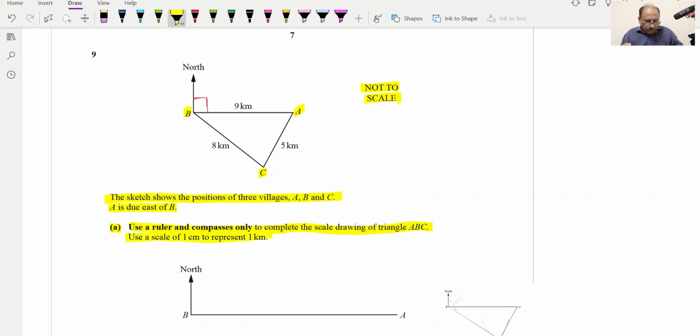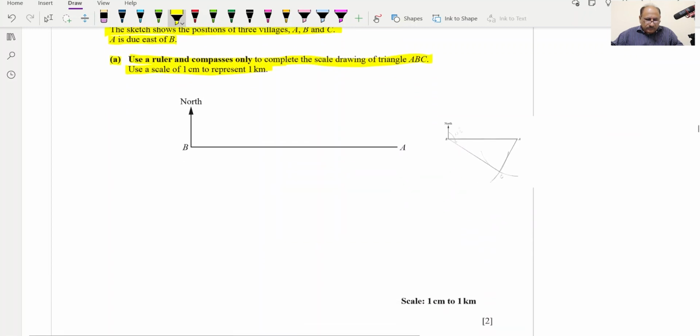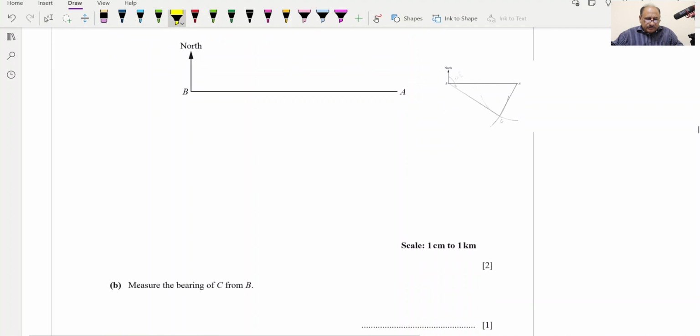Use a scale of 1 centimeter to represent 1 kilometer. Now this is basically the enlarged drawing which I'm working on.